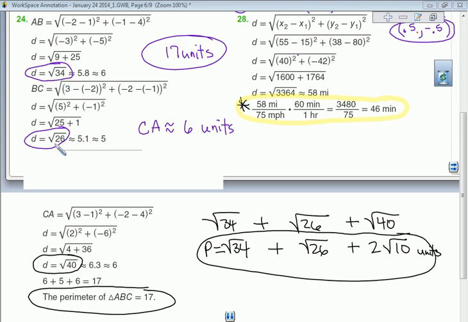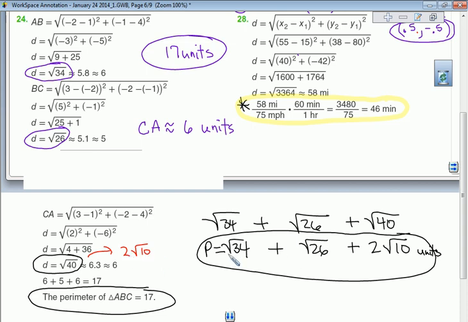BC had a length of root 26, which is approximately 5. And then CA has a distance of square root of 40, which obviously we wouldn't leave it like that. We would simplify that to 2 roots of 10, because this is 4 times 10, and the square root of 4 is 2, so that's 2 roots of 10.